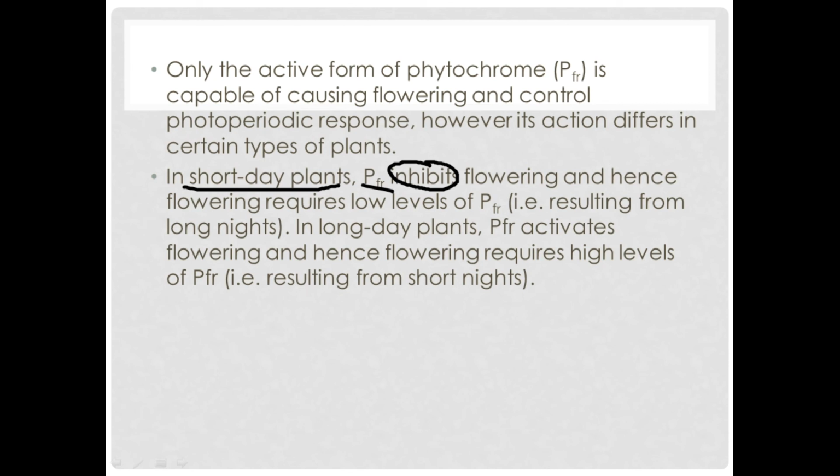It has to have more phytochrome red and less phytochrome far red in order to flower. In long day plants, phytochrome far red activates flowering, and hence flowering requires high levels of phytochrome far red in long day plants.